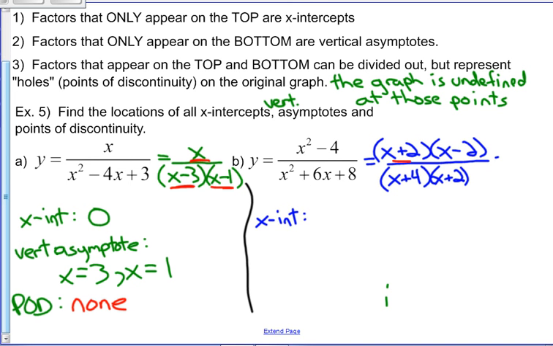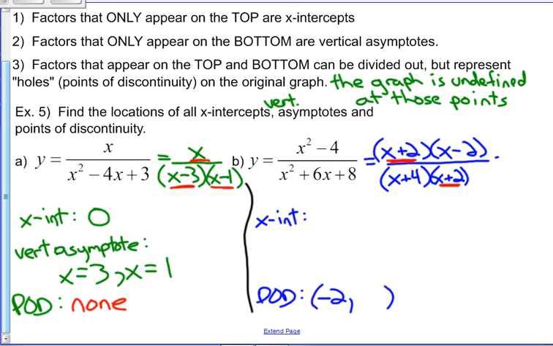So take a look at this one here. You might say, oh, well, that's going to be an x-intercept. But it's not, because it appears on both the top and bottom. You've got an x plus 2 on top and bottom. That's going to be a hole, or a point of discontinuity. So that will occur at the x value of negative 2, whatever makes those brackets 0. We'll deal with the corresponding y value in a minute here.